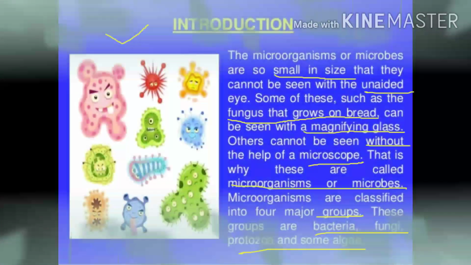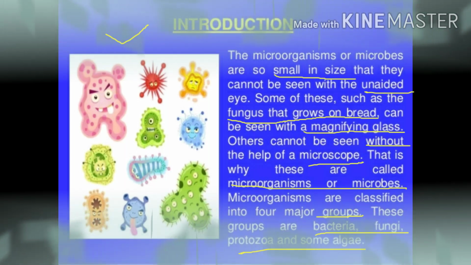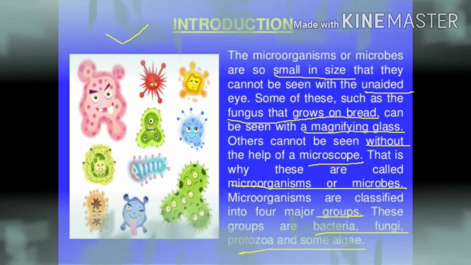Next, microorganisms or microbes are so small in size that they cannot be seen with the unaided eyes. Here unaided is nothing but naked eyes. Some of these, such as the fungus that grows on bread, can be seen with a magnifying glass. Others cannot be seen without the help of a microscope.